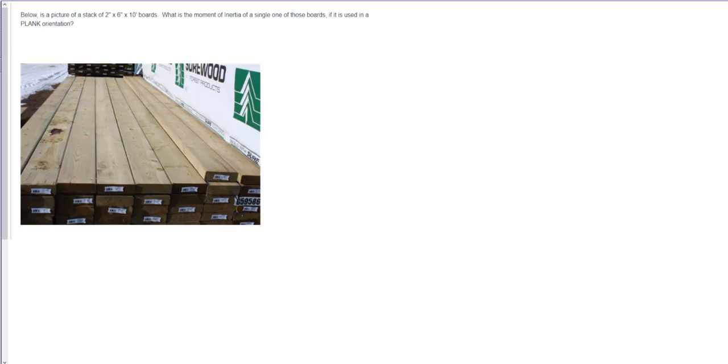All right, so this question says, below is a picture of a stack of 2-inch by 6-inch by 10-foot boards. What is the moment of inertia of a single one of these boards if used in the plank orientation?